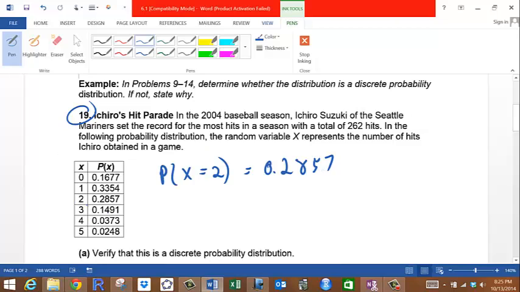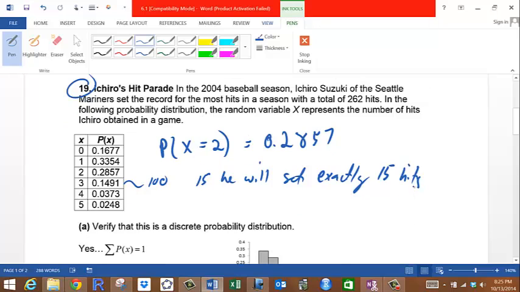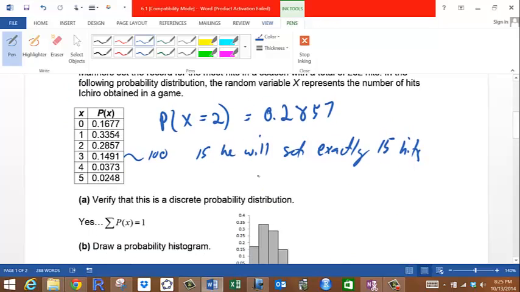The probability that he gets 3 hits in a given game is roughly 15%. What that means is, out of 100 games that he plays, he will get exactly 3 hits in around 15 of them. Okay. Now, part A says verify it's a probability distribution.